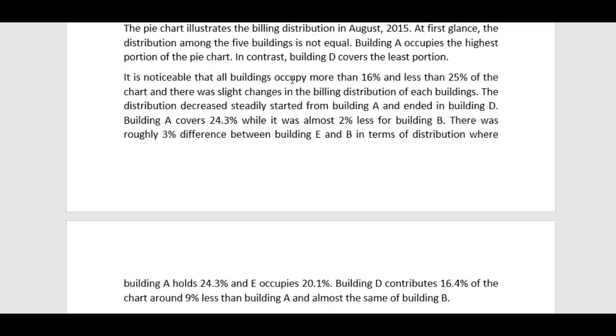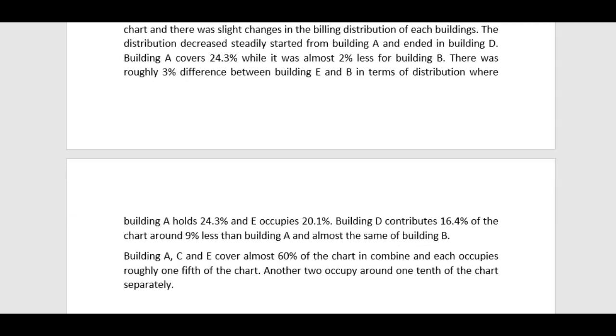Building D contributes 16.4% of the chart, around 9% less than building A, almost the same as building B. Okay. Building A, C, and E cover almost 60% of the chart in combination or in total, and each occupies roughly 1/5 of the chart. Another two occupy around 1/10 of the chart separately.